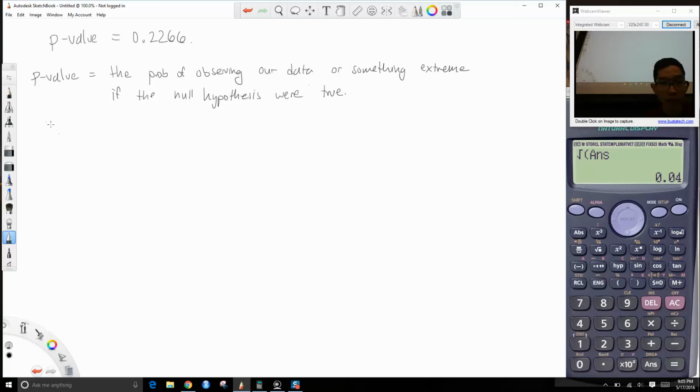Recall that our null hypothesis was that the proportion of red candies is 0.2. So the null hypothesis is that 20% of the candies in the tub are red.